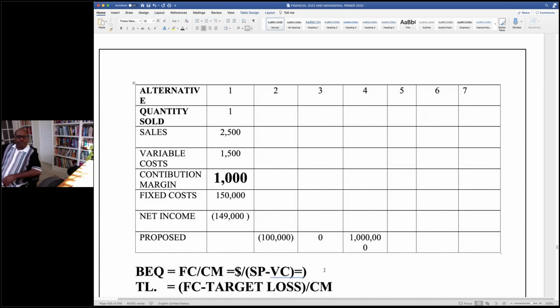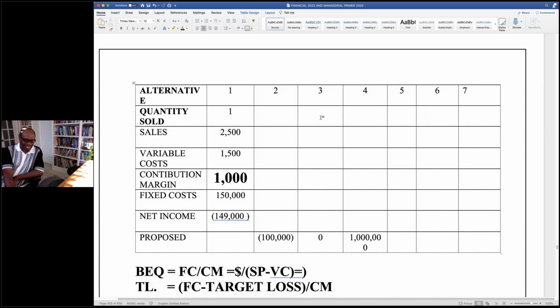So we're using the same assumptions, right? Same assumption. So what's the quantity, Shanika? 150.